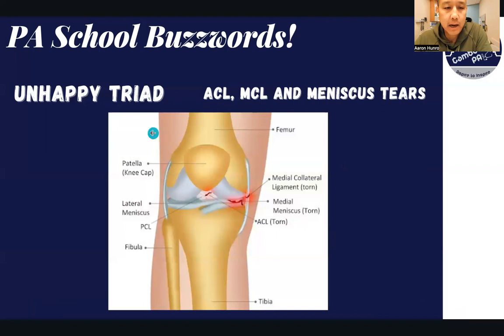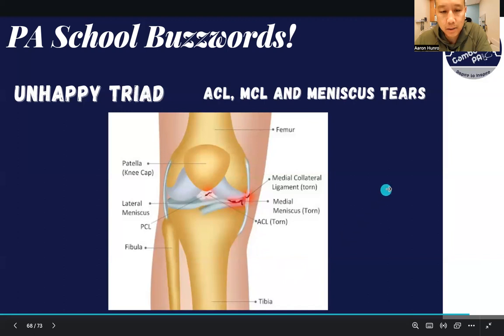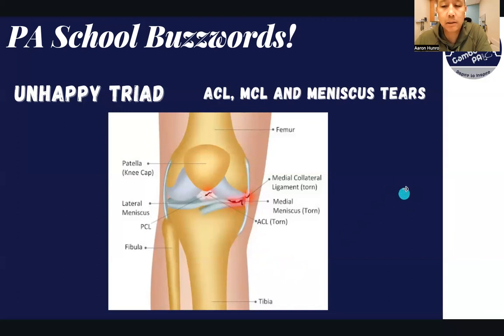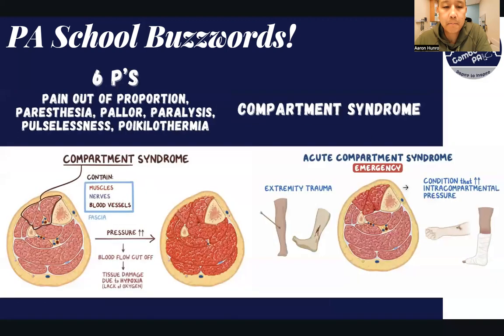So again, unhappy triad, the ACL, MCL, and meniscus tears. This is the MCL right here. The ACL is the one that comes anteriorly, and then the medial meniscus is on this medial side. This is very common in soccer players, sometimes basketball players, but mainly soccer players.